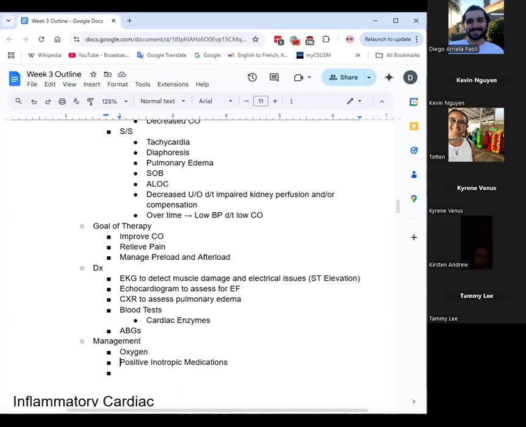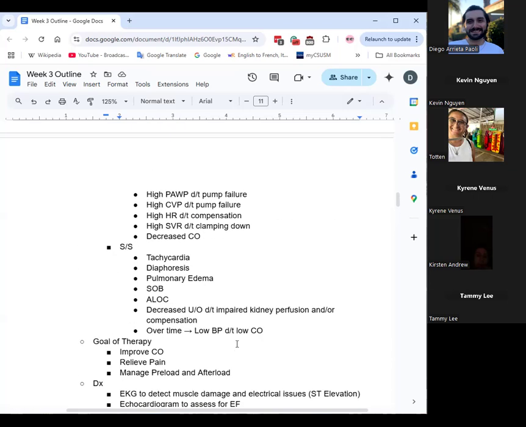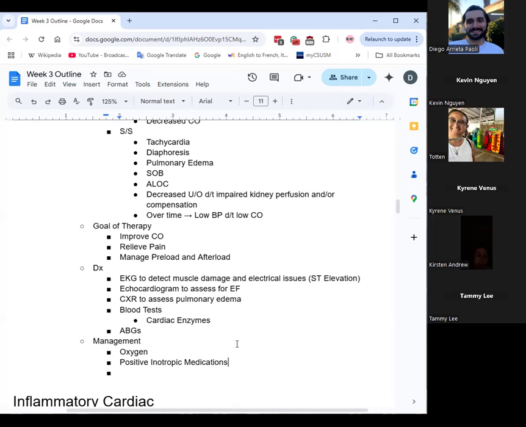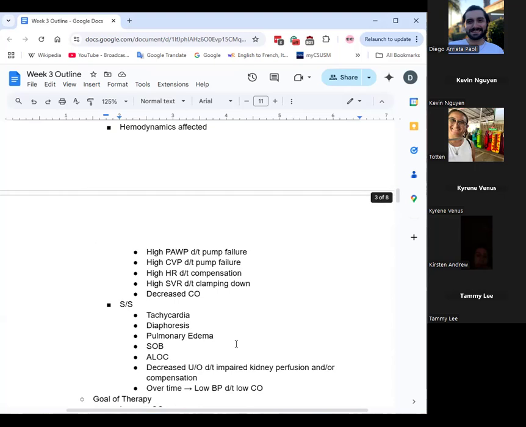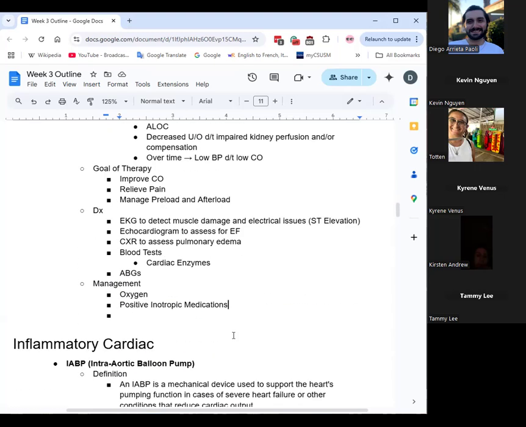The fluid's just not in the right place. So for the most part, you are worried more about these inotropic medications. But again, it's very dependent on what your Swan-Ganz catheter says about your CVP and your PAWP. Depending on how those values are, it can change the treatment.